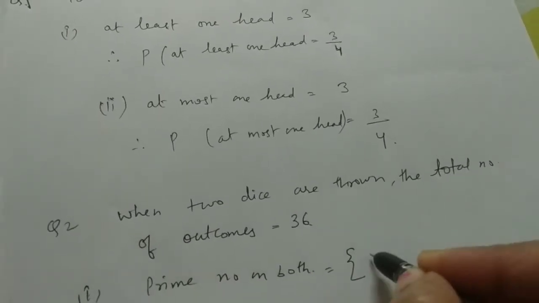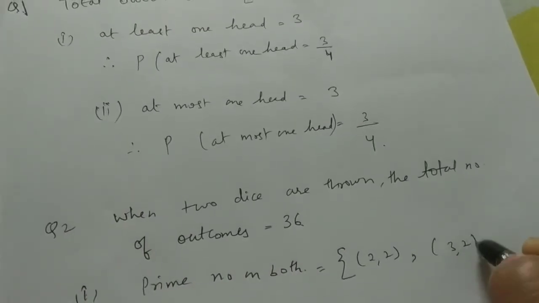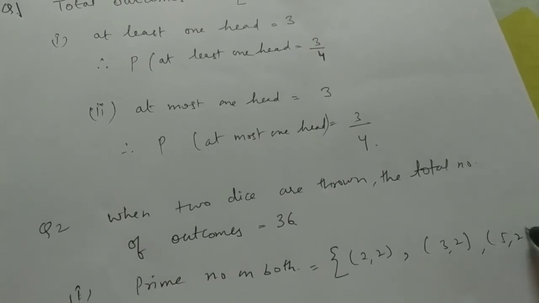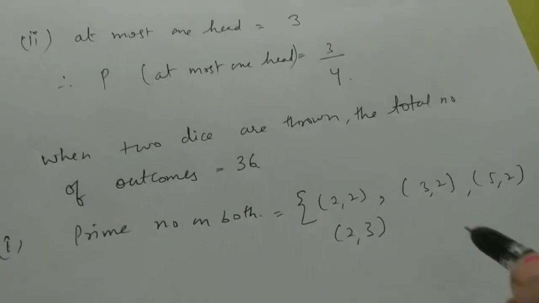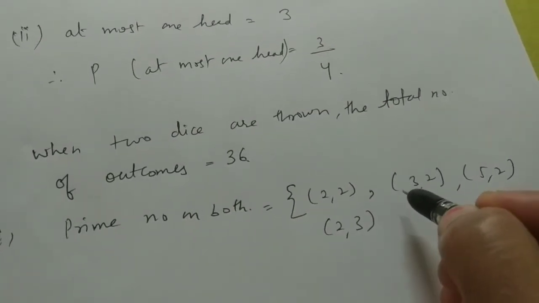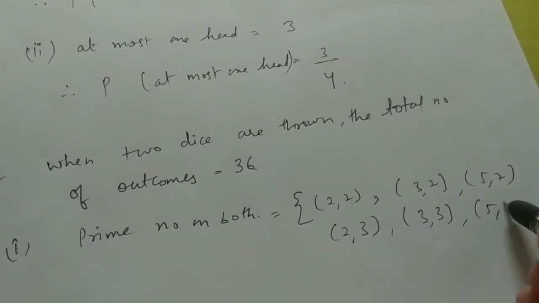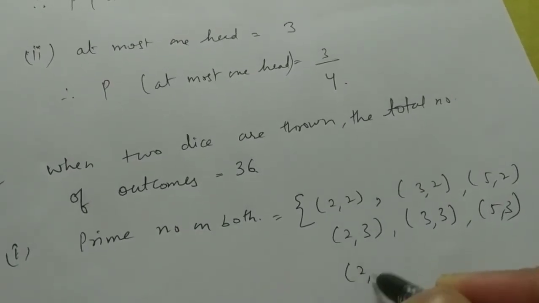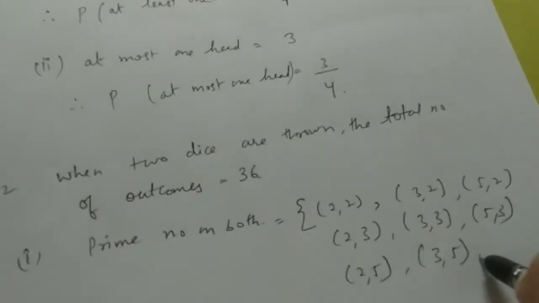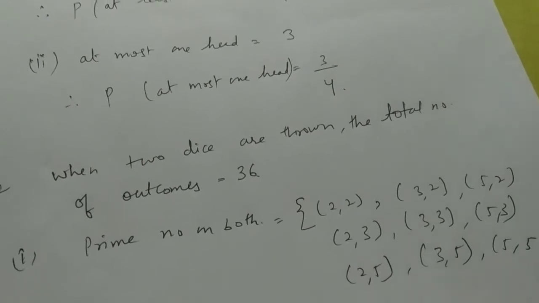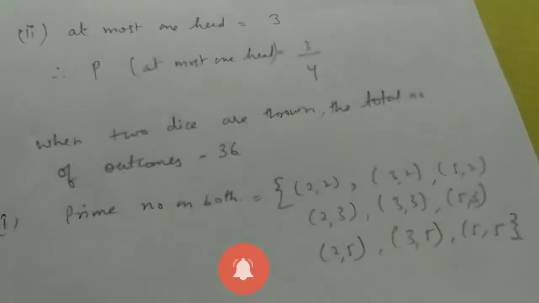What would be the outcomes for this? 2 and 2, 3 and 2, 5 and 2, then 2 and 3, then 3 and 3, then 5 and 3, then 2 and 5, then 3 and 5, and 5 and 5. So how many outcomes? 9 outcomes are there.